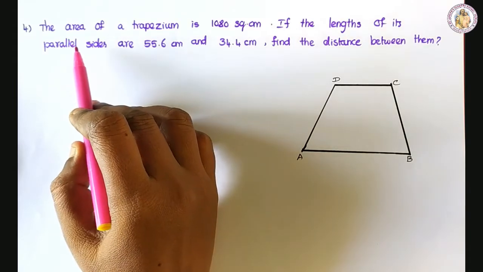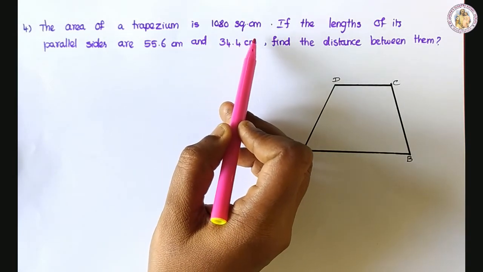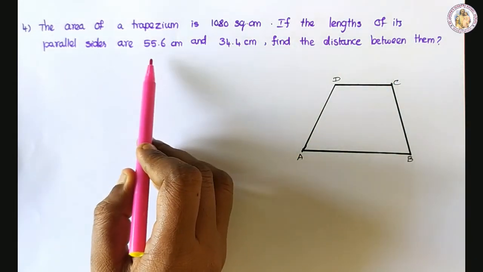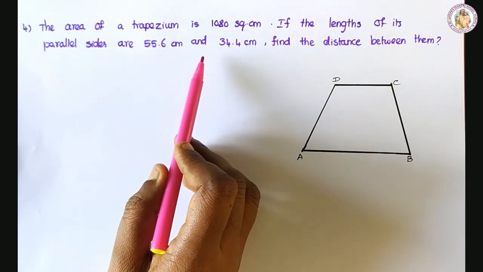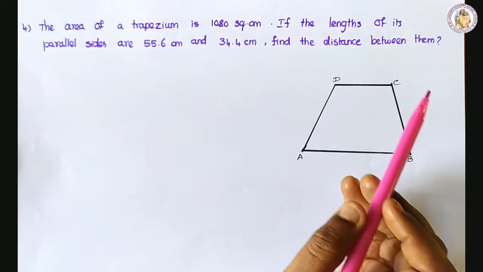This is the fourth one. The area of a trapezium is 1080 square centimeter. If the lengths of its parallel sides are 55.6 centimeter and 34.4 centimeter, find the distance between them.